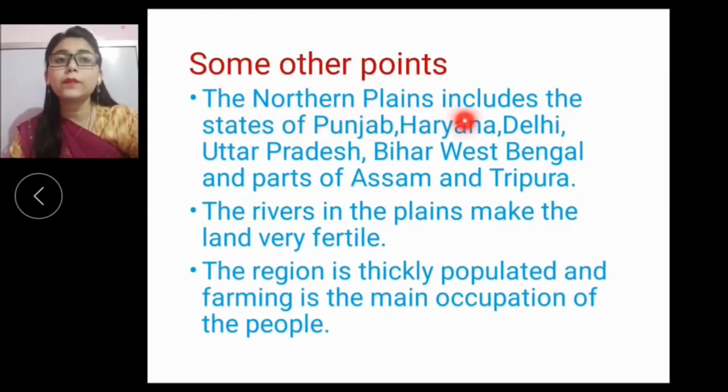The northern plains include the states of Punjab, Haryana, Delhi, Uttar Pradesh, Bihar, West Bengal and parts of Assam and Tripura. The rivers in the plains make the land very fertile. The region is thickly populated and farming is the main occupation of the people.